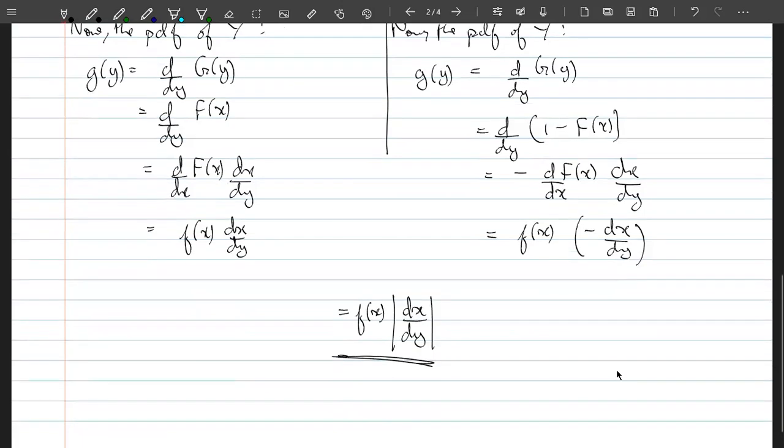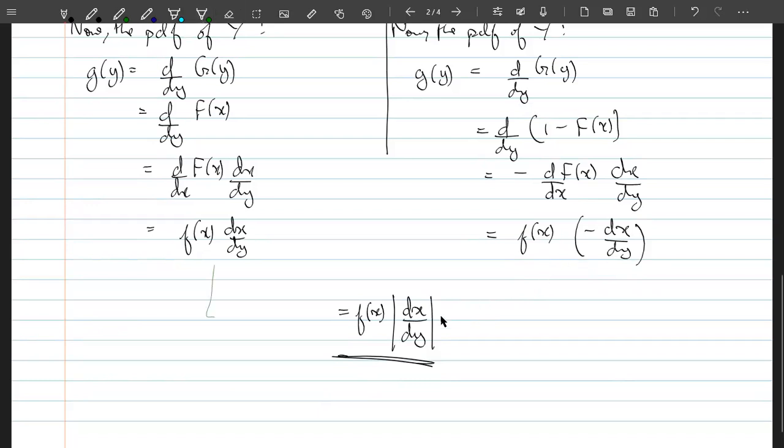Now in this case, phi is a decreasing function, so dy by dx is negative, or dx by dy is negative. So negative of that is positive. So this minus dx by dy is just another way to take the positive value or magnitude of this quantity, which is exactly this. So even in this case, we get the same thing.